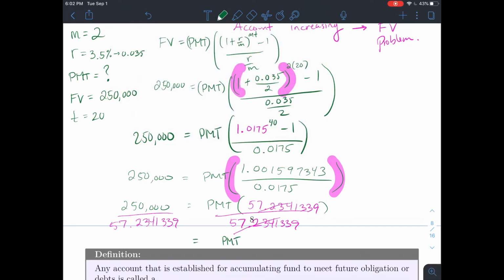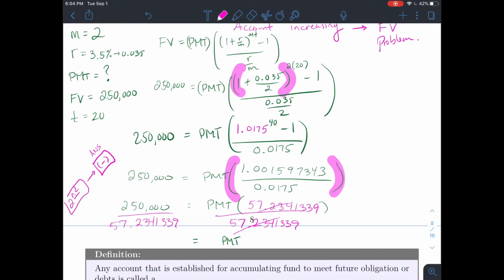PMT is equal to, we can type 250,000 into our calculator, hit division, and then if we want to be sneaky about this, hit the second button, and then look for this little minus sign. It should be to the bottom right, to the left of the enter button, and it's going to say ANS.